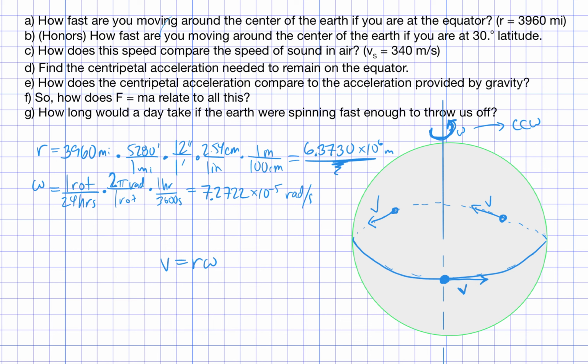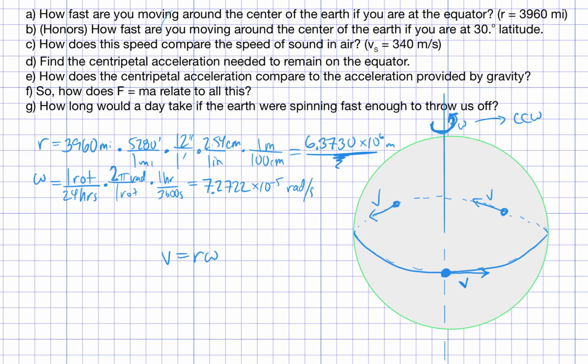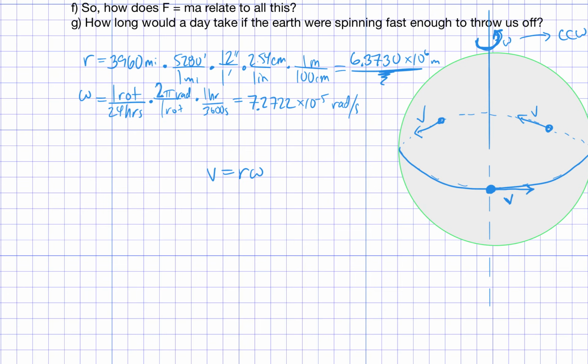This is just a conversion factor, and I'm going to convert until I get radians per second, and we get 7.2722 times 10 to the negative fifth rad per second.